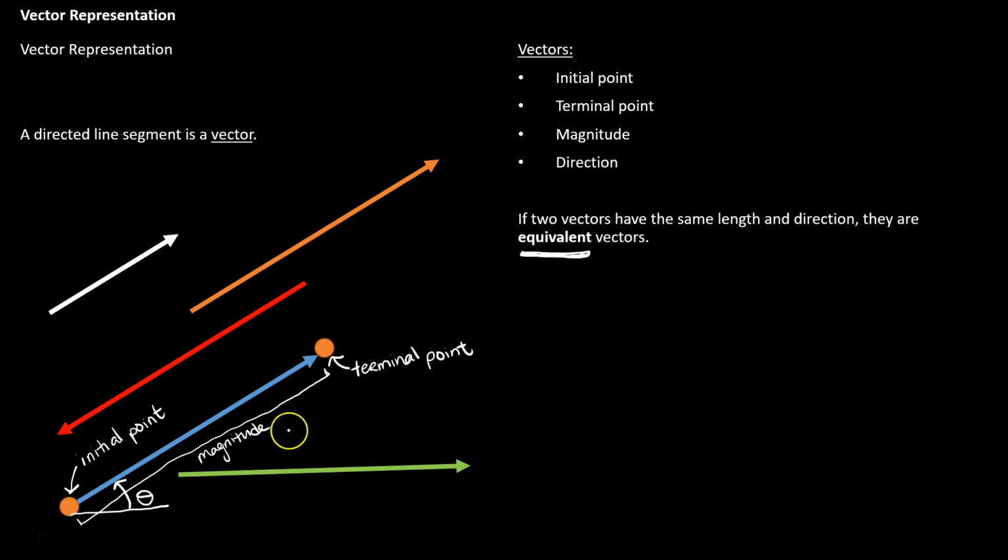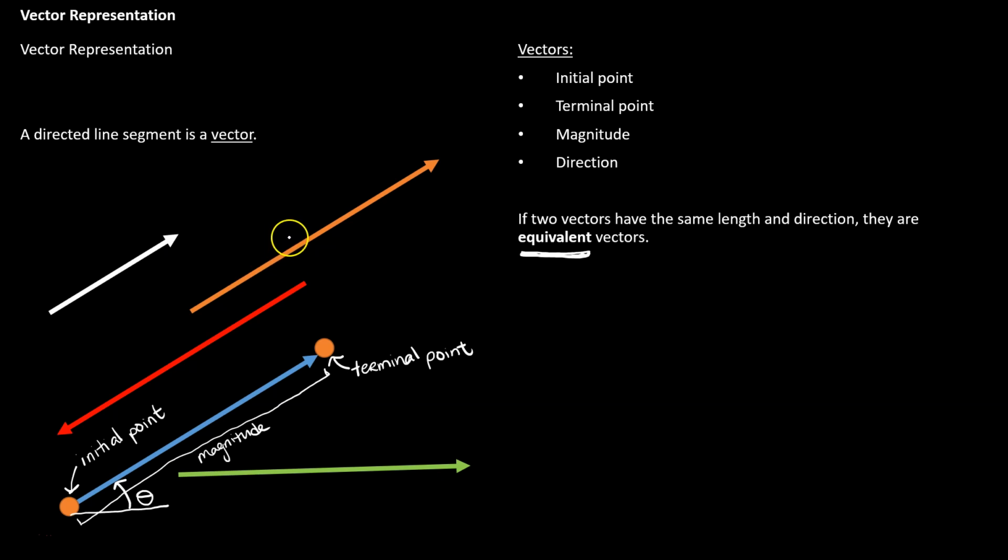The blue and the green vector, they might be the same length, but they're not parallel to each other, meaning I can tell that they're not pointing in the same direction. The white vector, if I compare that to the blue vector, or any of the other vectors on the screen, I can tell that it's not the same length. The white vector is too short.